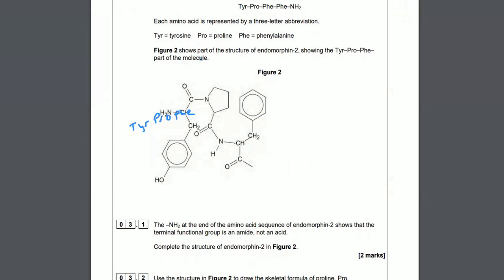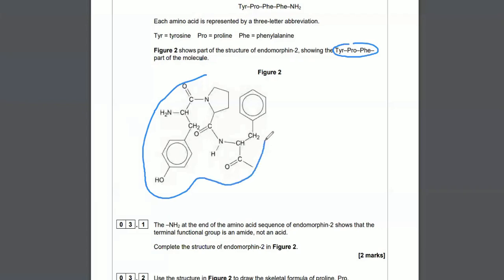So just in case you're wondering what we've got to do, they're saying they've shown us this, and they're asking us to complete it. So we need to add a PHE NH2 on the end.